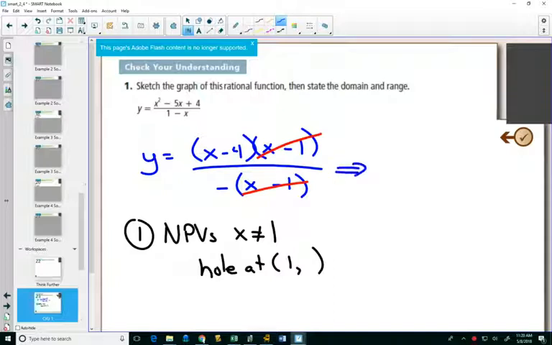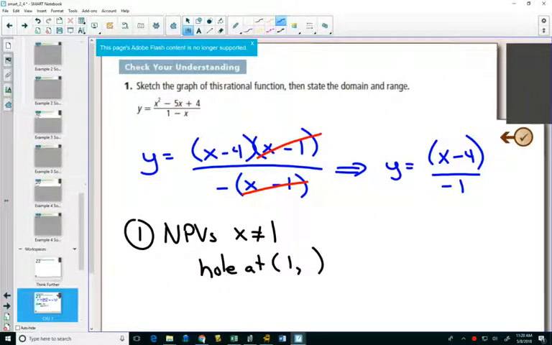So if I simplify these away, what am I left with? Well, on the top, I still have x minus 4. And even though the factor goes away, what am I going to have left on the bottom? I still have that negative, so I have to have that over negative 1.